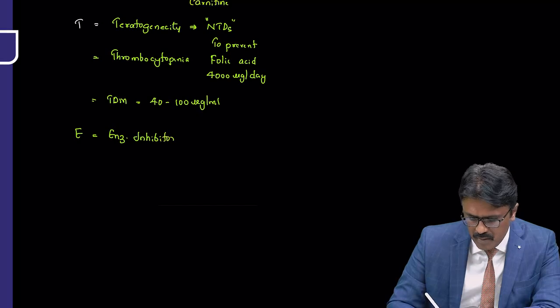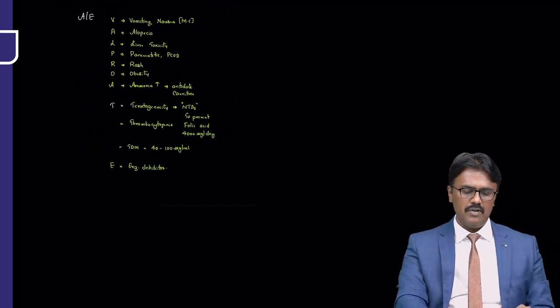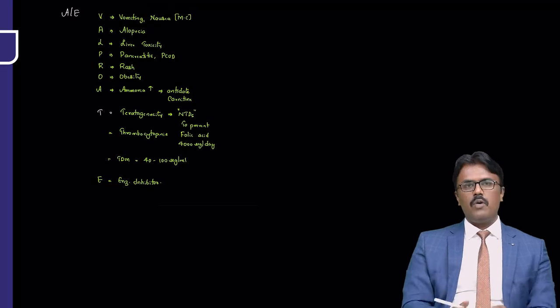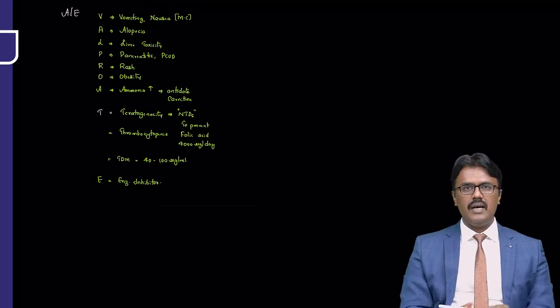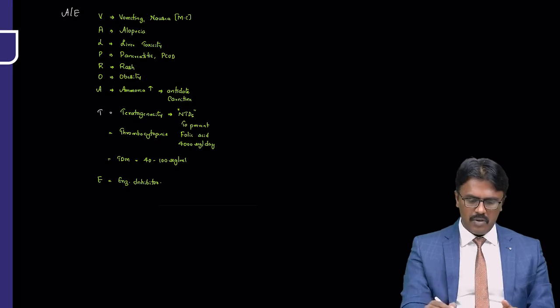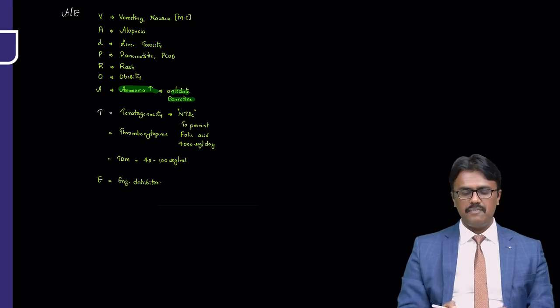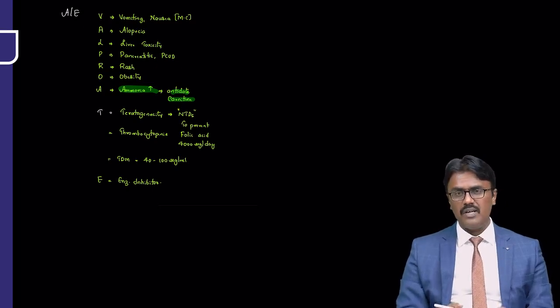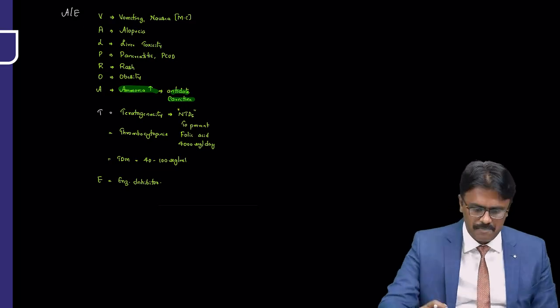So all the points of valproate are there in the name itself. Adverse effects: vomiting, nausea, alopecia, liver toxicity, pancreatitis, PCOD, rash, obesity, and hyperammonemia can be managed with carnitine, teratogenicity, thrombocytopenia, and requires TDM and the enzyme inhibitor.